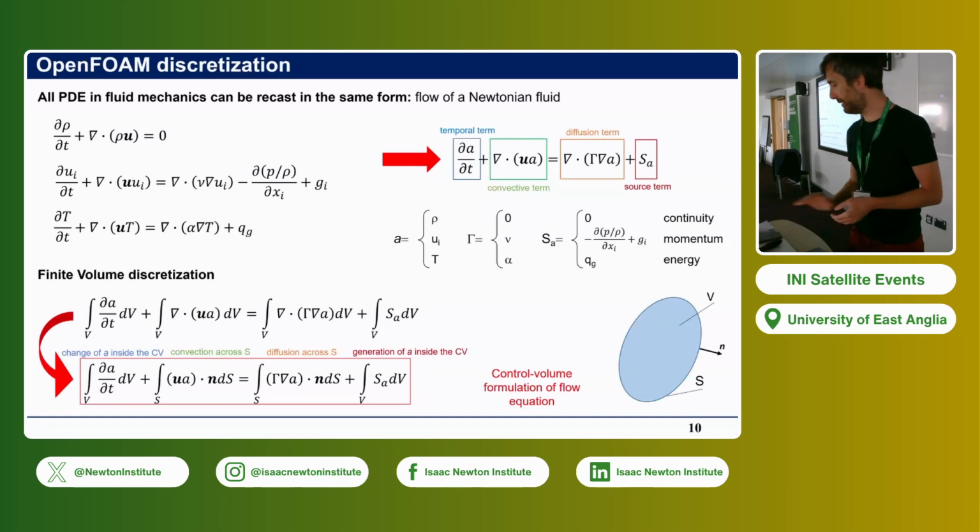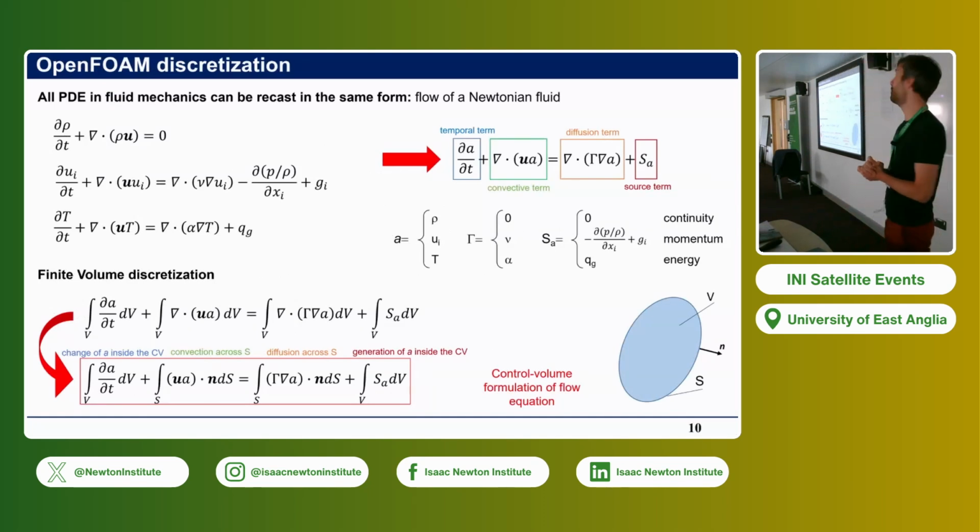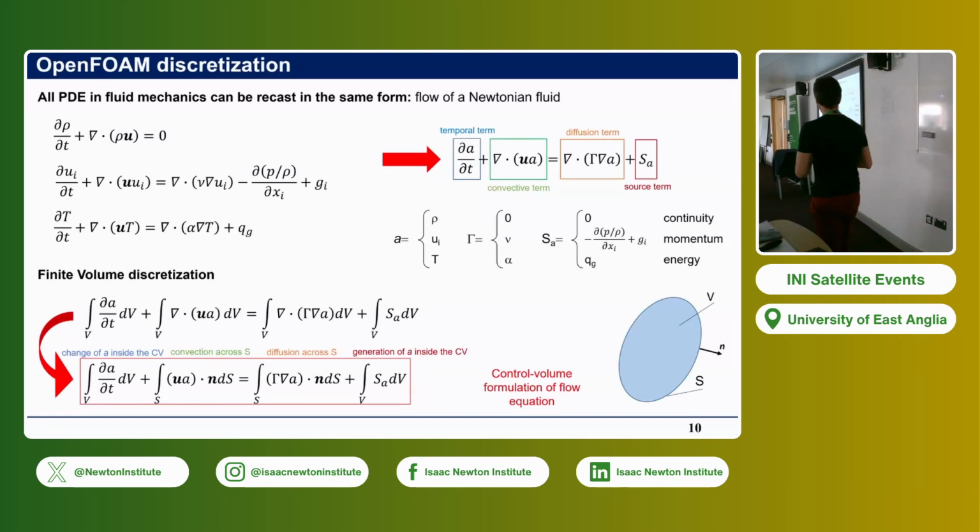Okay, now let's get a bit into more details of OpenFOAM discretization. I'm assuming that you are all familiar with the basic principles of PDEs and discretization, so we'll just recall the main aspects here. OpenFOAM exploits the fact that all partial differential equations in fluid mechanics can be somehow recast in the same form.